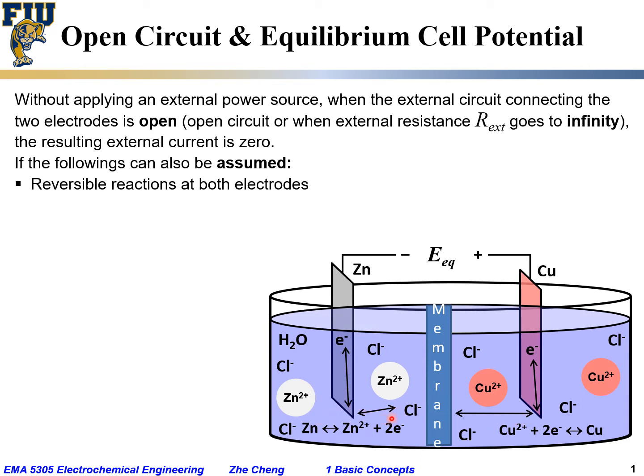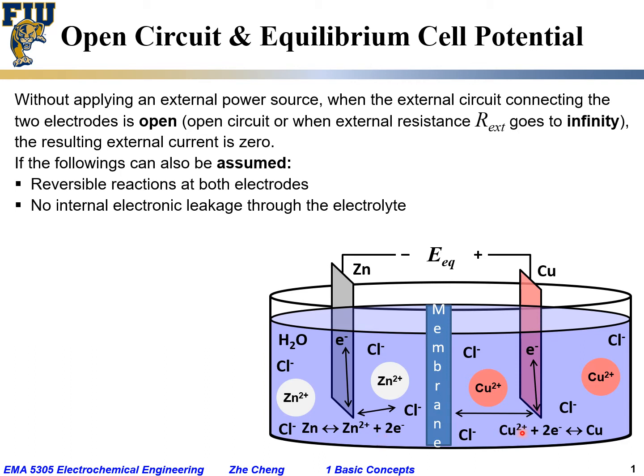Giving out electrons and taking electrons, if the reaction is at the same rate for both the anodic reaction and the cathodic reaction. That's the first assumption.